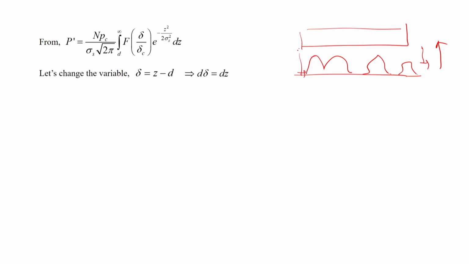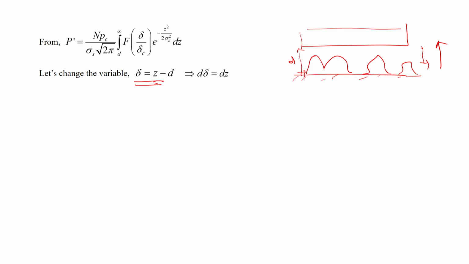So, the initial height, basically the gap between this contacting surface and the datum of this adhesive, is let us say d, but z is the height of the asperity. So, the deformation of the asperity can be written as delta is equal to z minus d, right. So, if the asperity height is z and d is the gap between them, then the deformation can be written as delta.